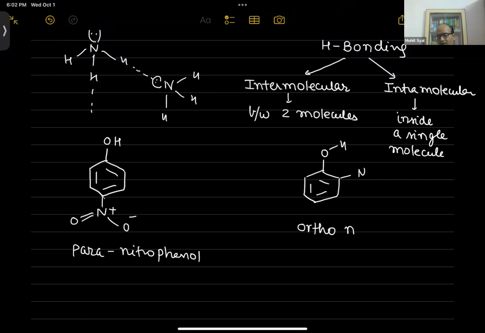Don't worry about the names, as we are going to discuss them in detail. Ortho-nitrophenol. So the OH and the O minus of the NO2 are very close to each other, because the NO2 is at the ortho position. These two positions are known as ortho, these positions are known as meta, and this is para.